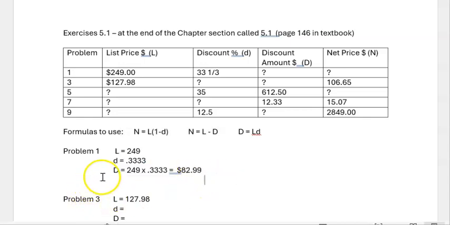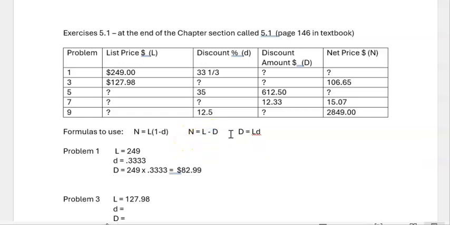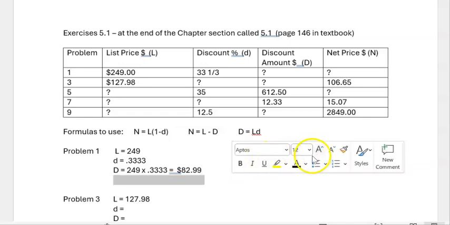And then now that we know the discount amount, we can figure out what the net price is, because as you can see here, the net price equals the list price minus the discount amount. So let's have a look here.